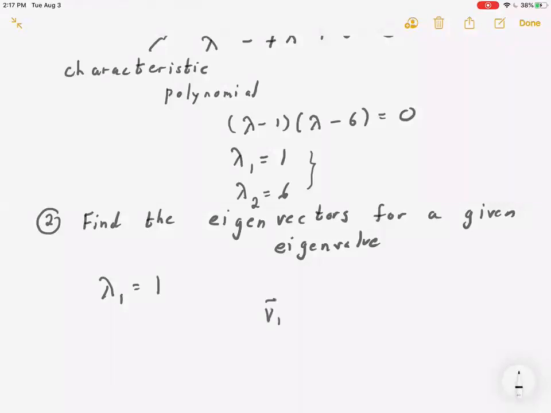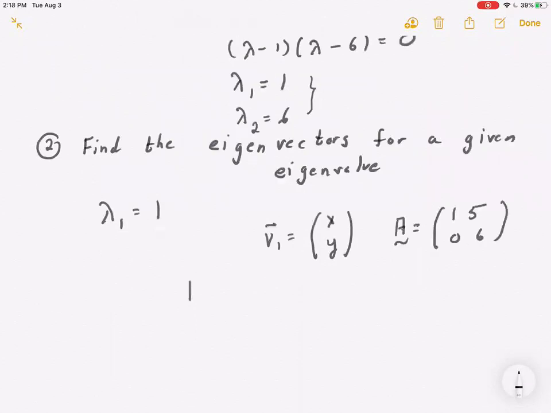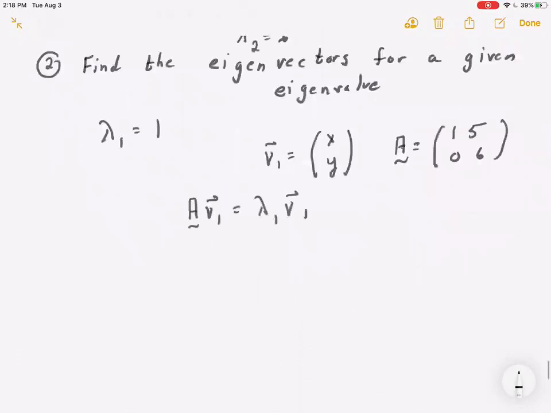So v sub 1 is a vector that has components x and y, and you want to find them. A is our square matrix of order 2. So the eigenvalue equation we want to solve in this problem is as follows. And so let's plug it in and just start.